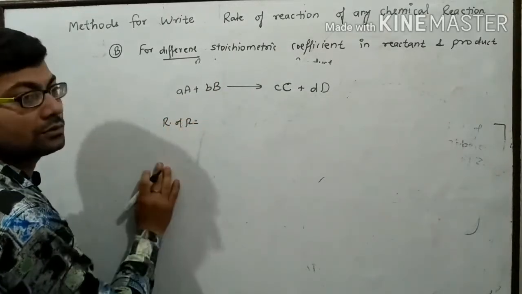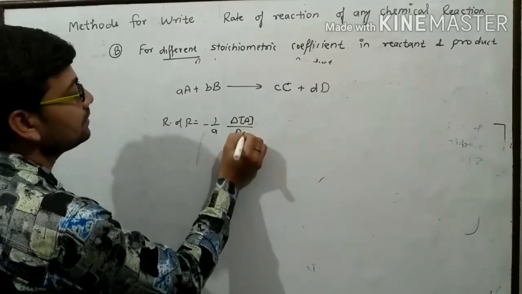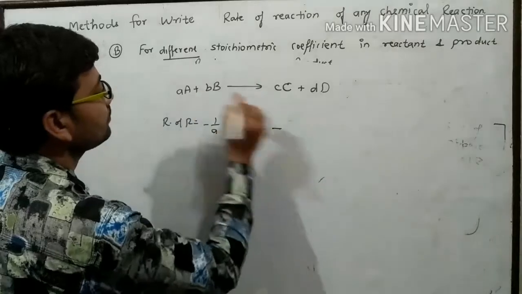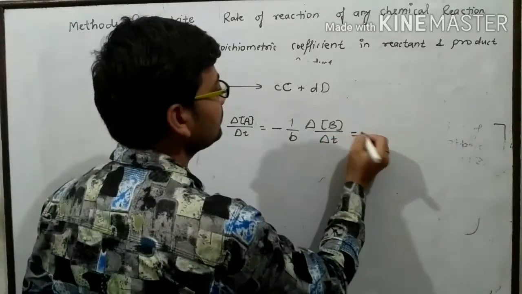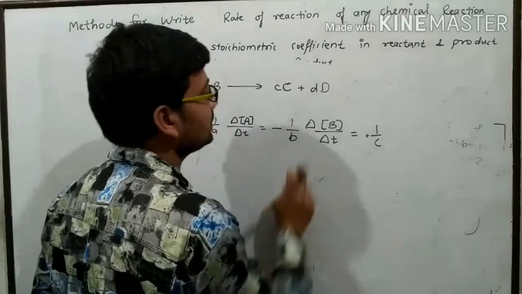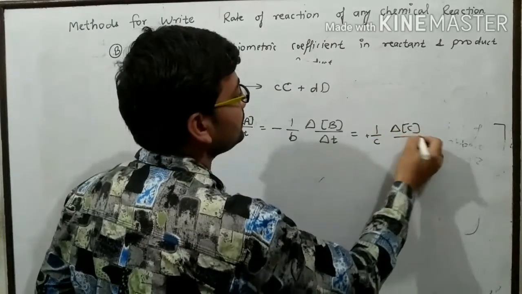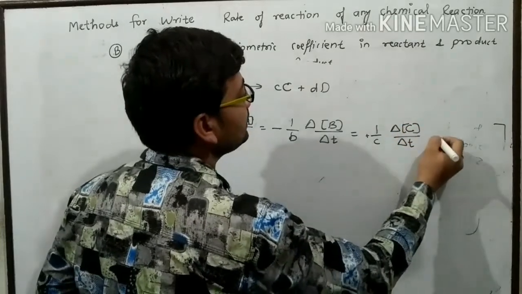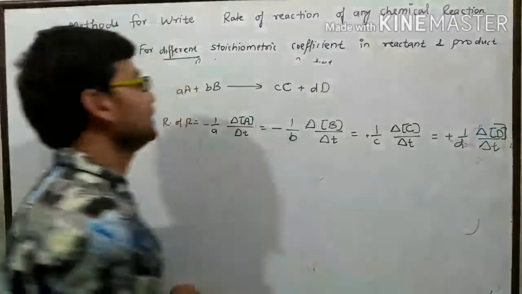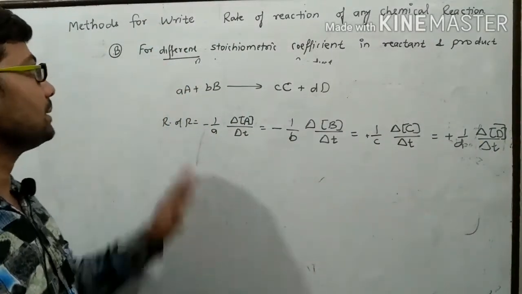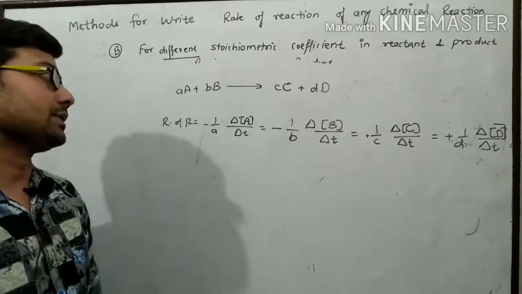Then the rate of reaction is equal to minus 1 by a, delta change in concentration of A upon delta T, equal to minus 1 by b, delta change in concentration of B upon delta T, equal to 1 by c with plus sign because its concentration increases, change in concentration of C upon delta T, equal to plus 1 by d, change in concentration of D upon delta T. So this is the basic concept of how you write the rate of reaction for any type of chemical reaction.